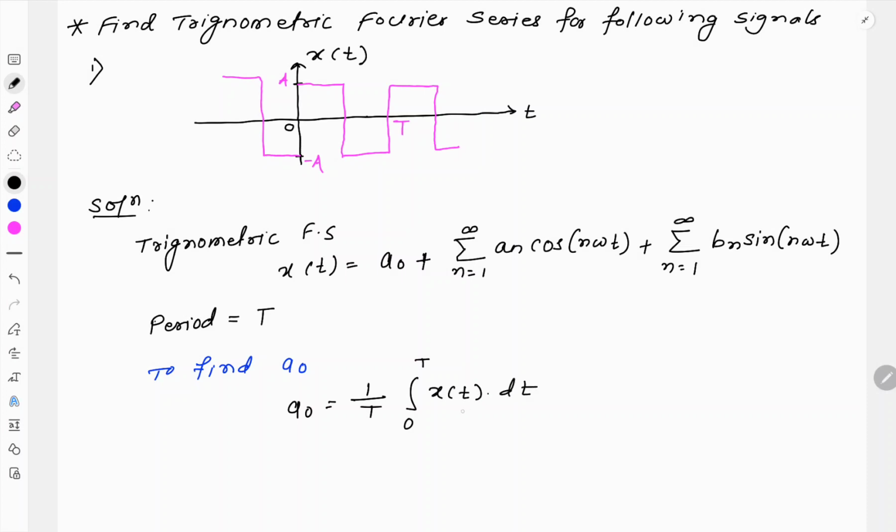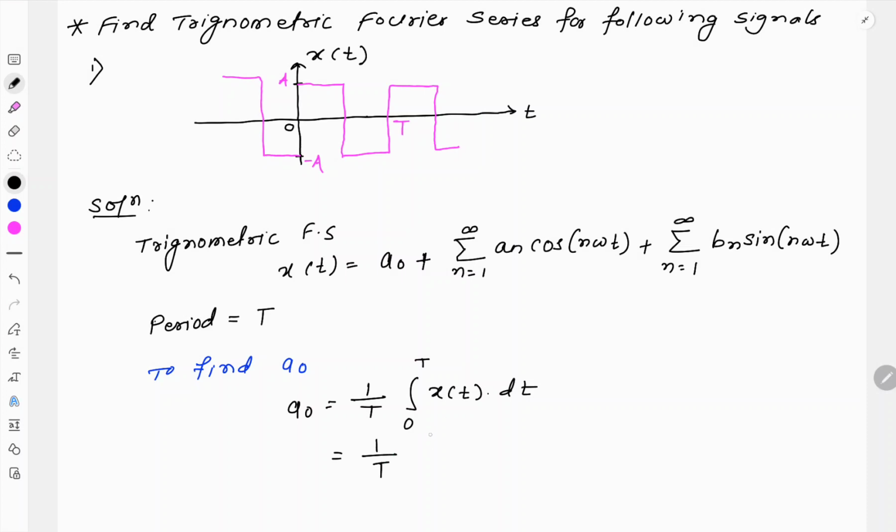We are going to put the values of x of t in this equation, and then evaluate the integration for a single period, that is 0 to T. Here we have the period as T, so this T will be as it is.